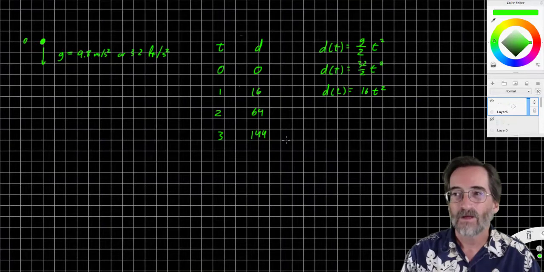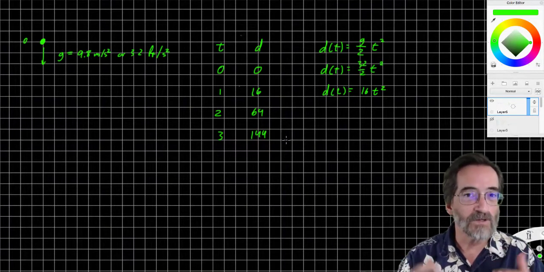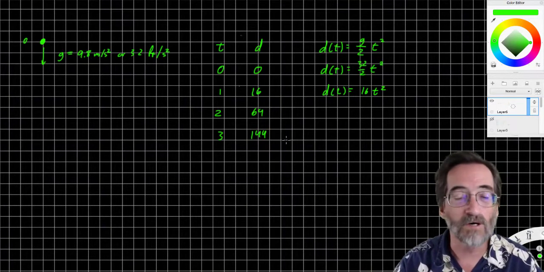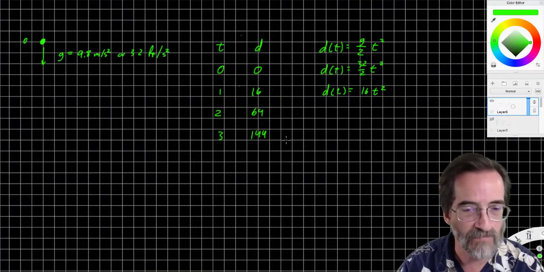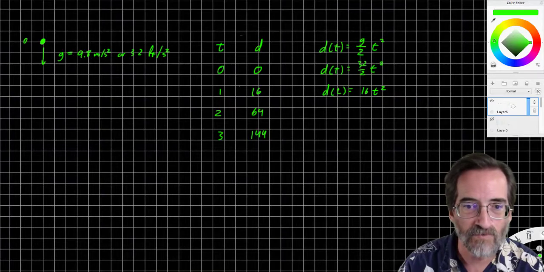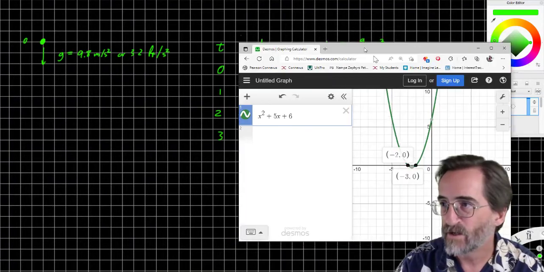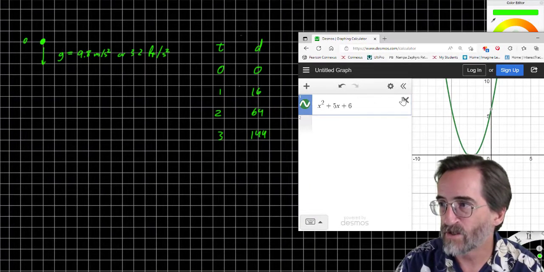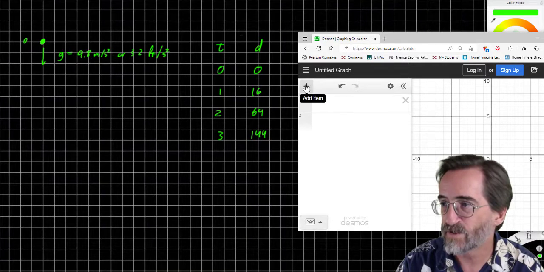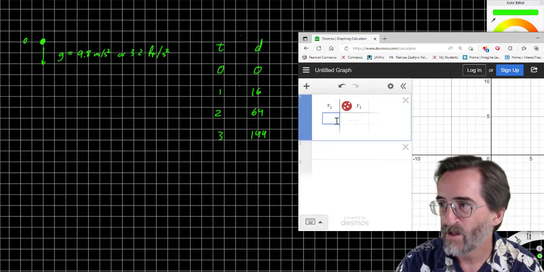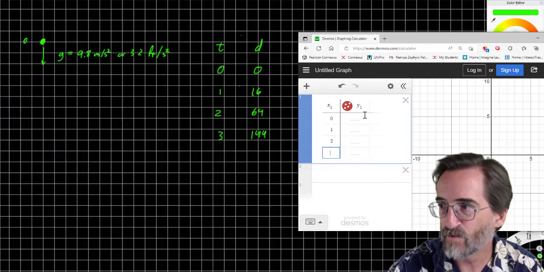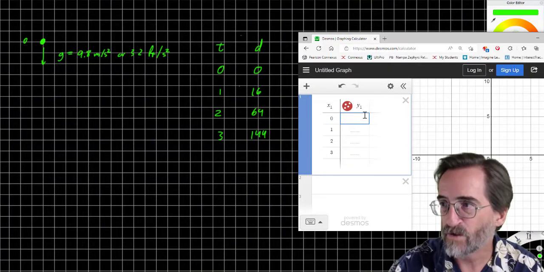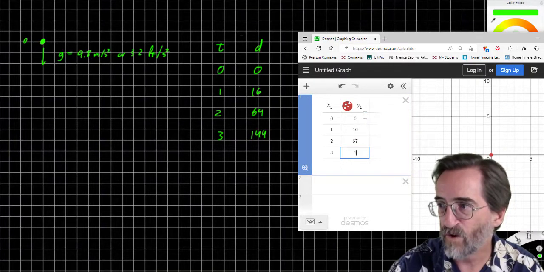We can fill in this table and find out where the ball is at any given moment, and I can even graph those points. I'll do a table: 0, 1, 2, 3, and 0, 16, 64, and 144.